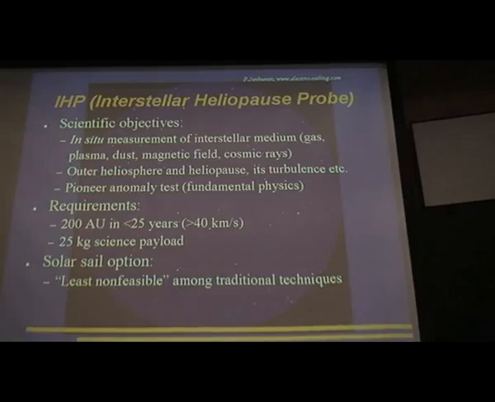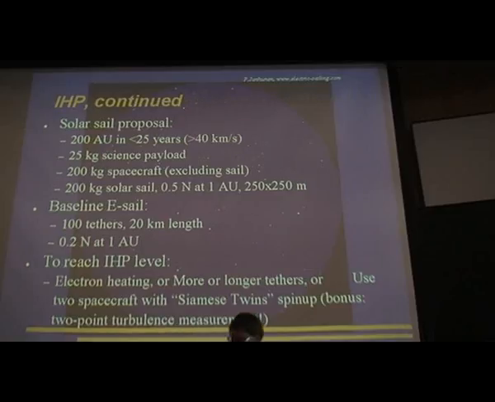The solar sail would work if one can build a very large one, as large as 250 meters, but it was considered too difficult technically. So at first iteration, this IHP proposal submitted to ESA was rejected because of this technology issue related to the solar sail, which was at that time considered the primary option.